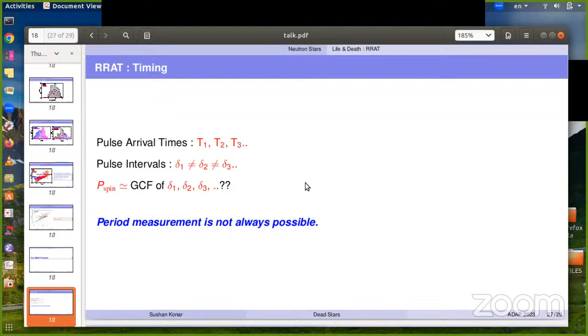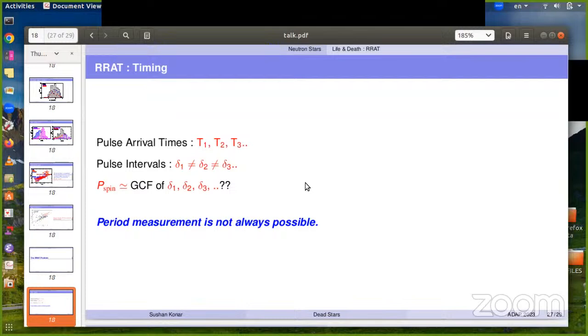Suppose 7 pulses are absent, then I get a pulse after 35 seconds. So I get various numbers, and then I look at the greatest common factor among them. I find 5 seconds is that number by which all of these intervals are divisible. And then I say, that must be the real spin period of this object. And this is how most of the RRAT spin periods have been calculated.